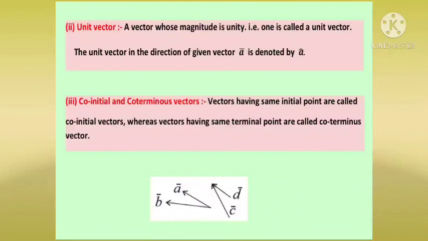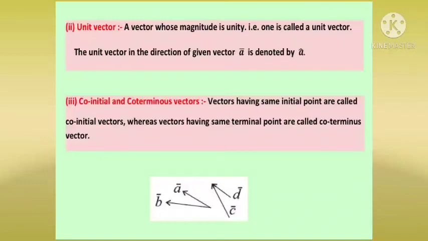In the diagram, a bar and b bar have the same initial point, therefore they are called co-initial vectors.